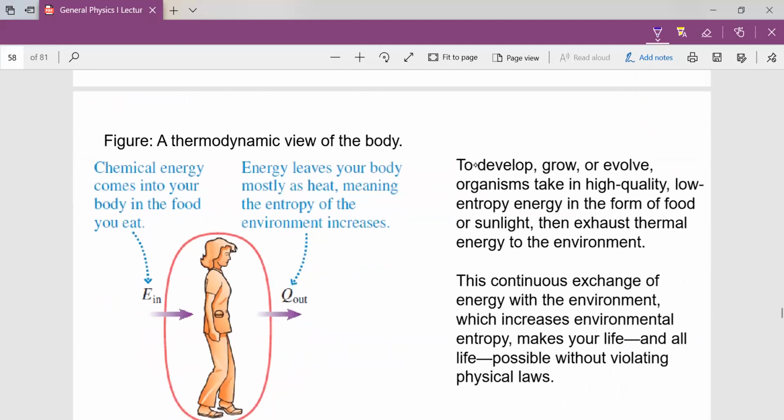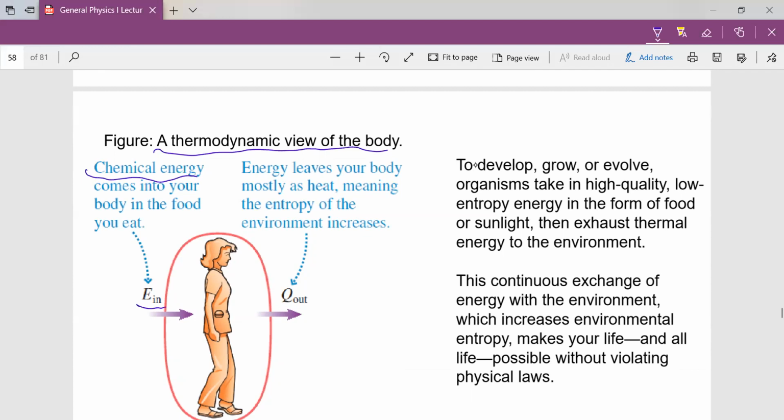So let's look at the thermodynamic view of the human body. When you eat, we already know, we have mentioned it several times, that what you get from the food you eat is called chemical energy. All right? You eat something, you are taking energy into the body.